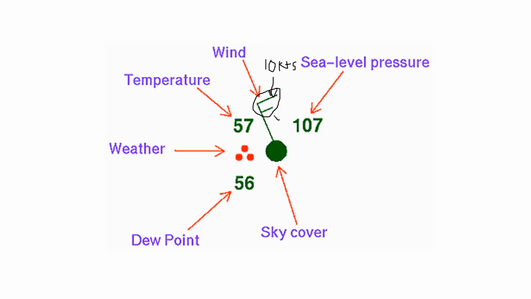Meanwhile, this shorter one represents 5 nautical miles per hour. And then adding them up, 10 plus 5, the wind speed here is 15. So 10 plus 5 is 15.